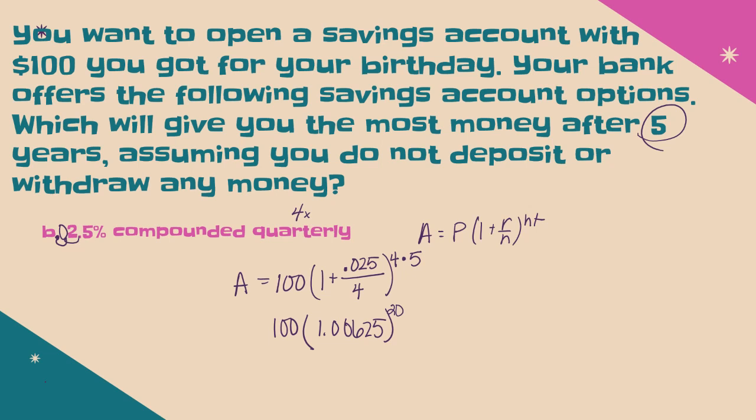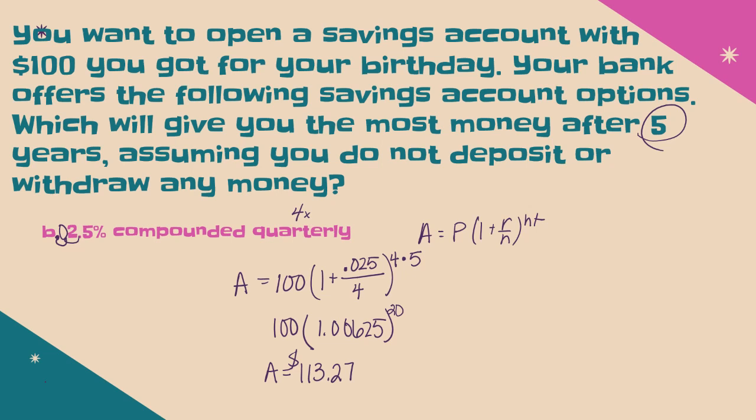Now I'm going to take the 1.00625 to the power of 20, which is 1.132, et cetera, times 100. This gives me an amount of $113.27. So this time I've only made $13.